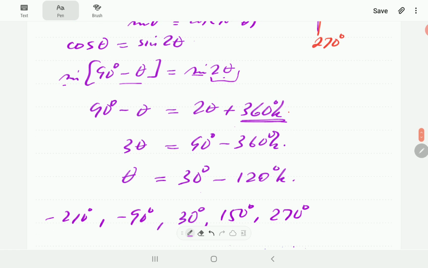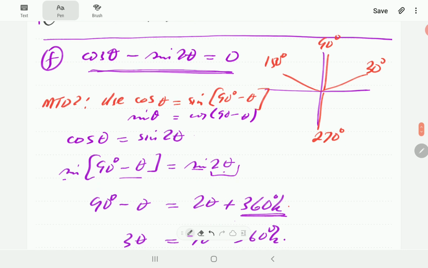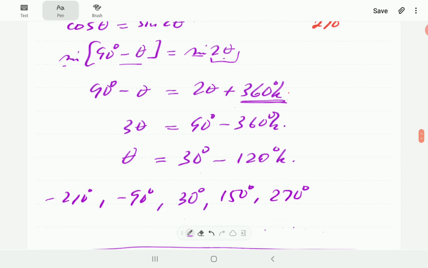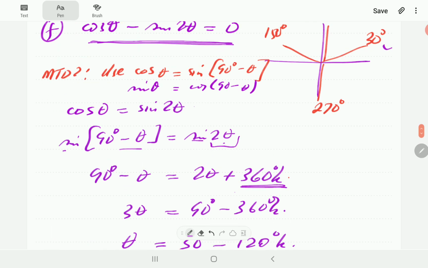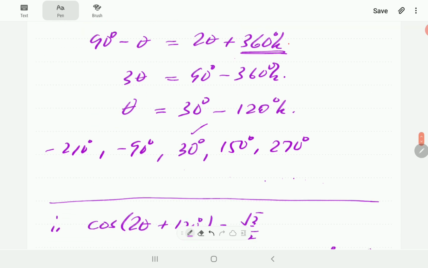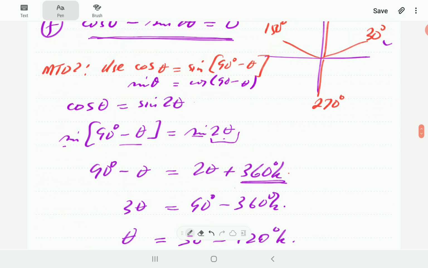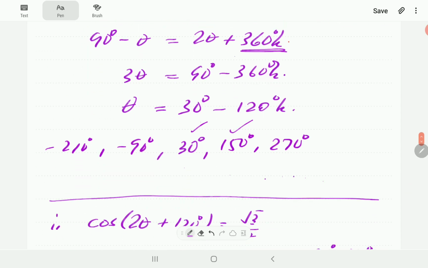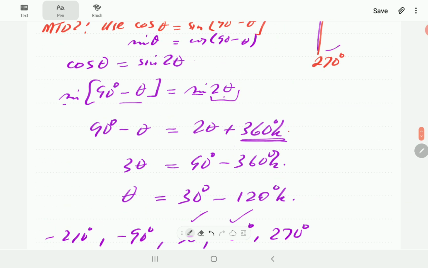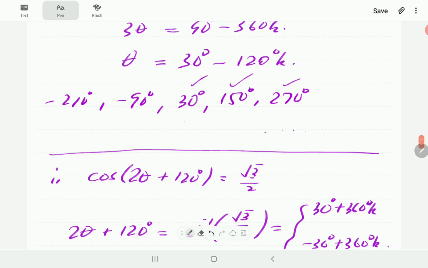And I'm sure you can see by now that all these have been covered. So we have got 30 here, which is this one. Okay, we don't have 90 yet, but we have 150 here. We have got 270 here. I've got negative 210 there.